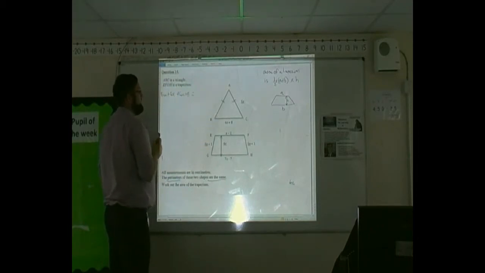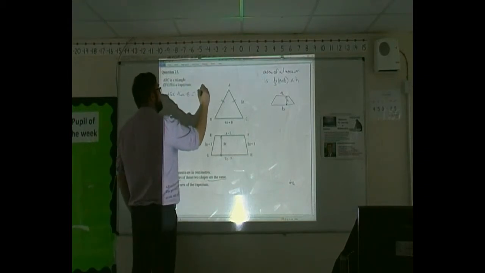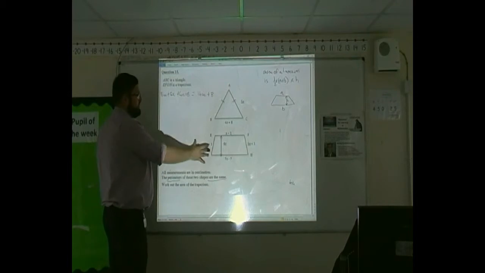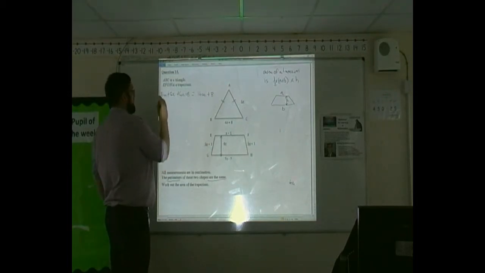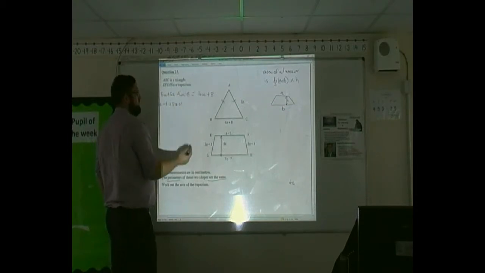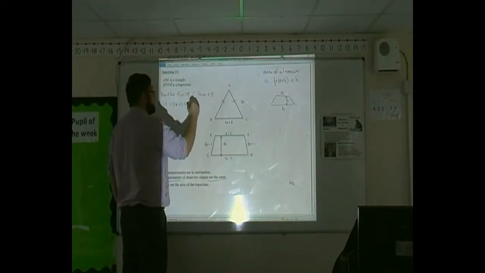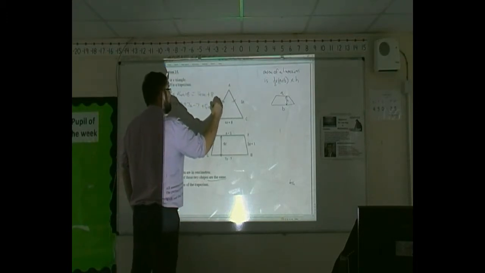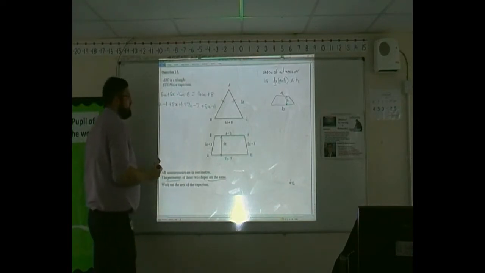If we add all of that together, I get 14x plus 8. If we do the same with the trapezium, I've got x minus 1 plus 5x plus 1 plus 7x minus 7 plus 5x plus 1.